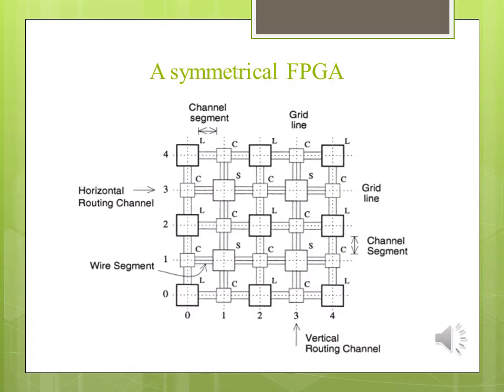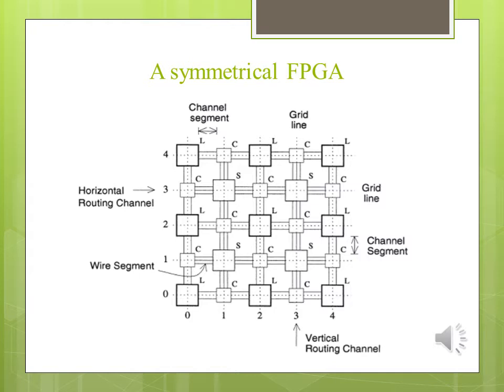Let's study the flexibility of FPGA routing architecture with the example of a symmetrical FPGA. A symmetrical FPGA consists of a two-dimensional array of logic blocks interconnected by both horizontal and vertical routing channels, as shown in the figure.